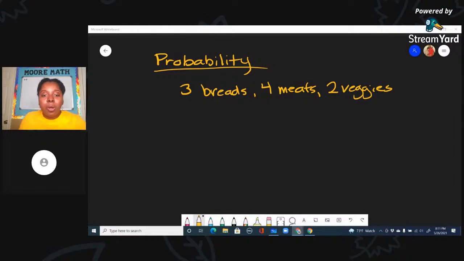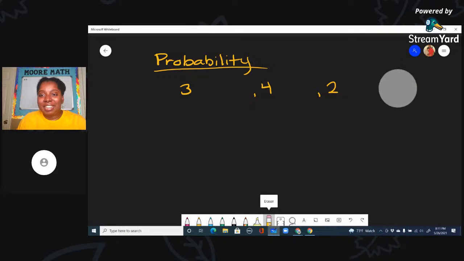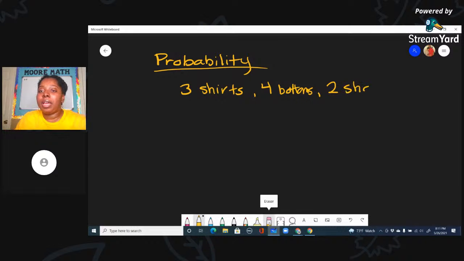Okay. All right. So let's see. Maybe I should do something easier. Hold on. Okay, we can still use the same stuff. So we have 3 shirts to choose from, 4 bottoms, and 2 different types of shoes, okay?